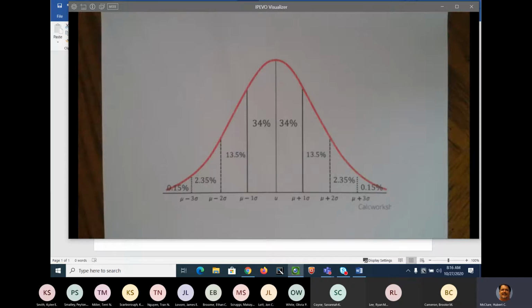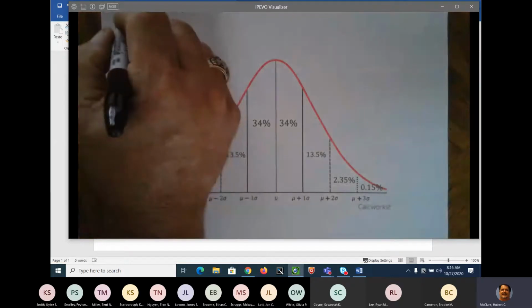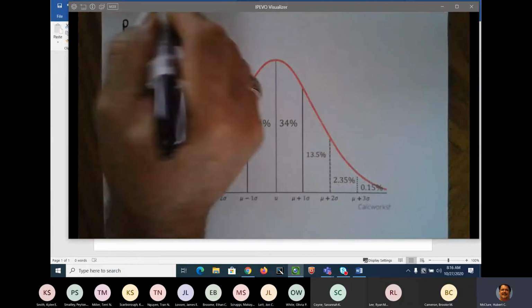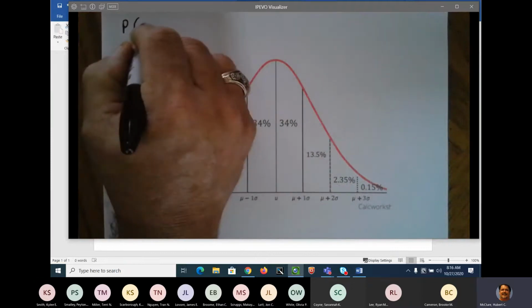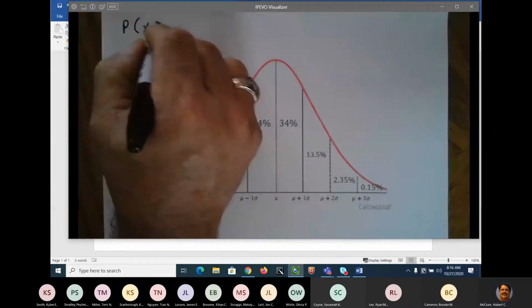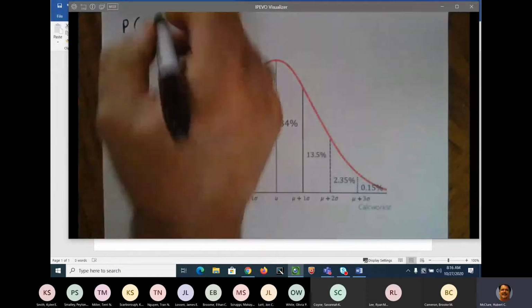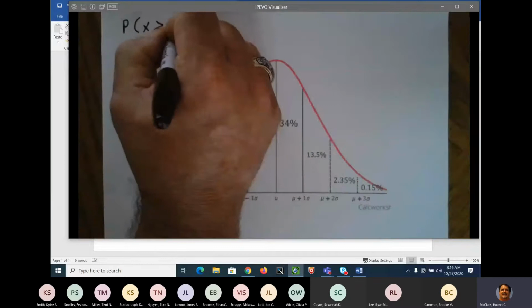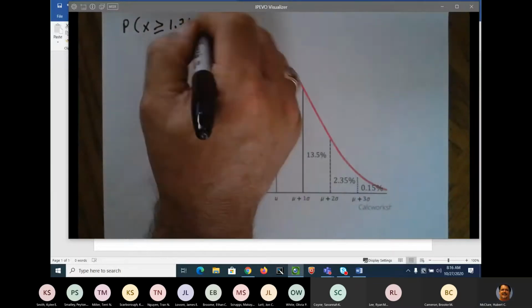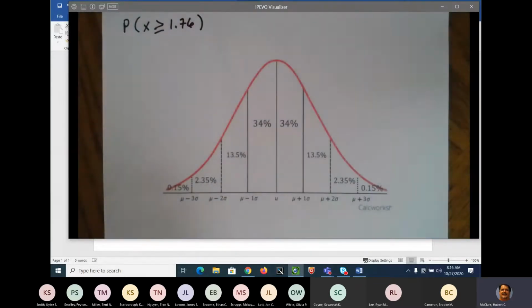And we're going to find the probability of x being greater than, and you can use equal to, 1.76. And we'll do that in green.